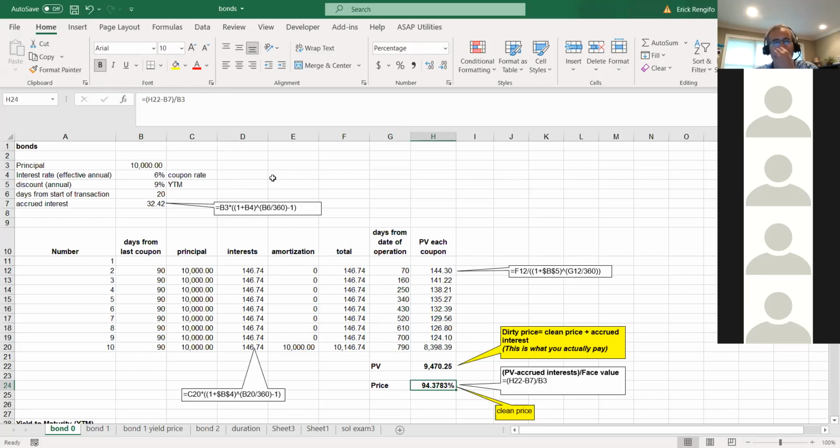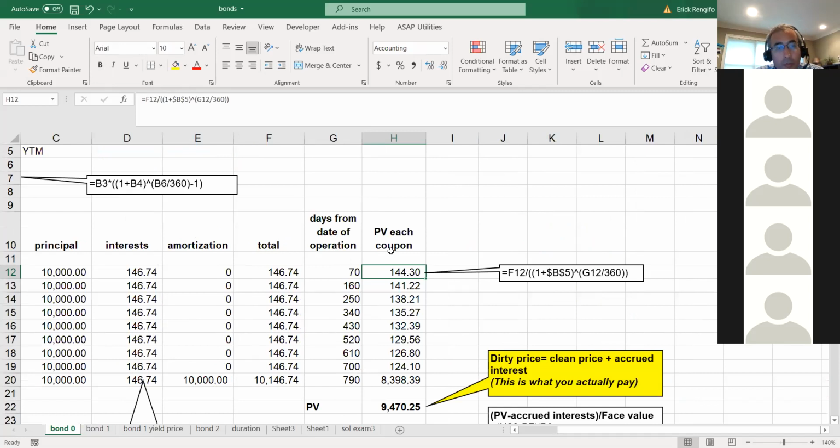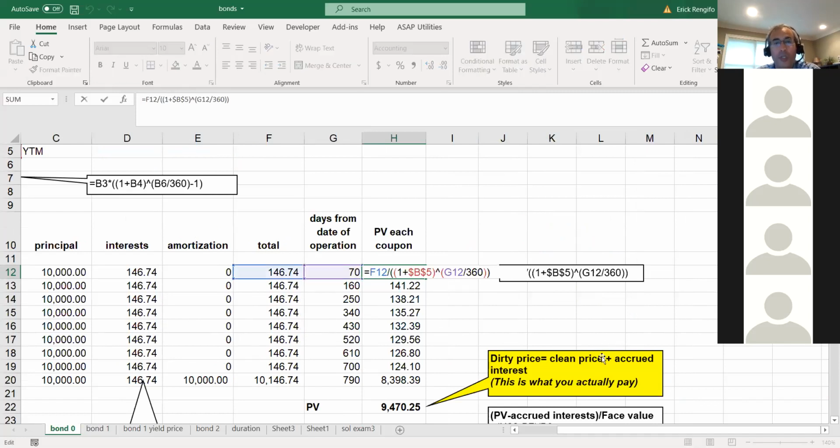Prof, could you just show us the formula again in H11? Yes, H11. So let me move this to be bigger. Okay, I see what is written there.